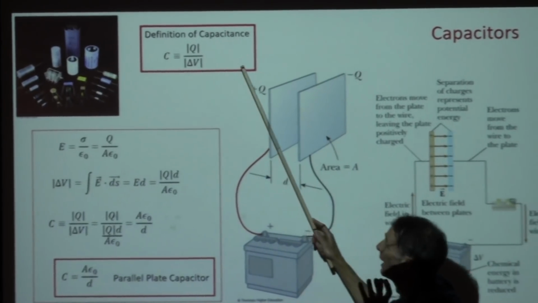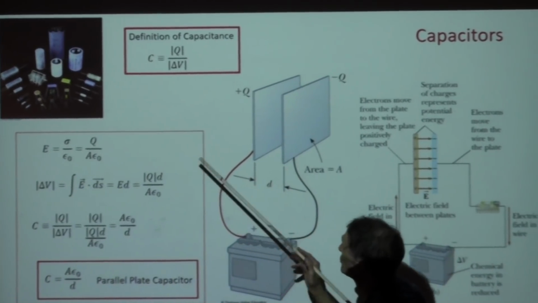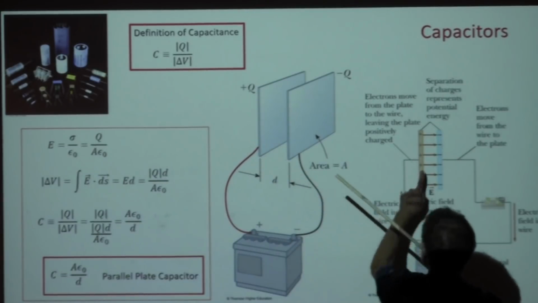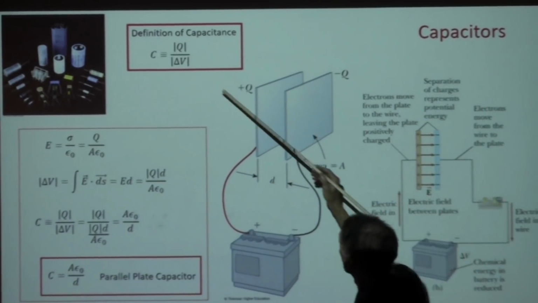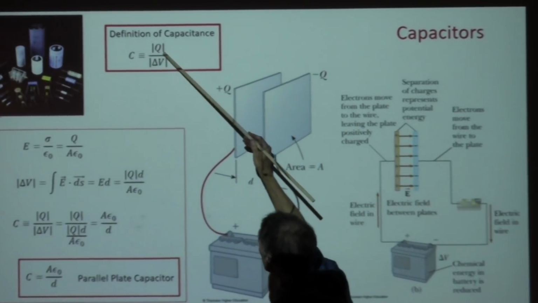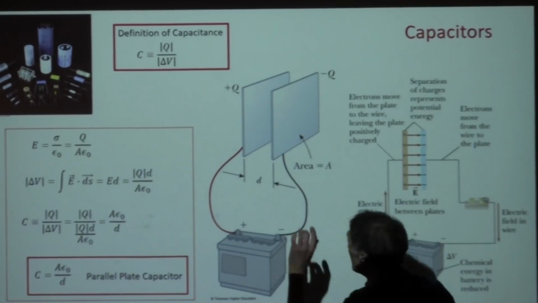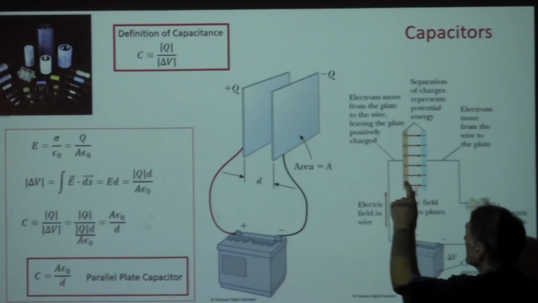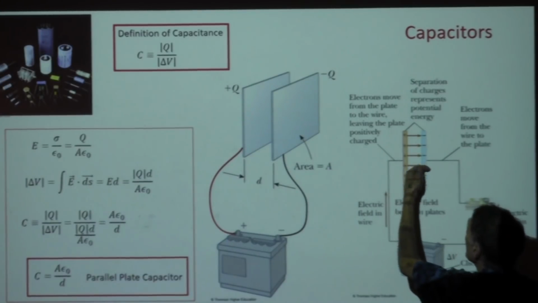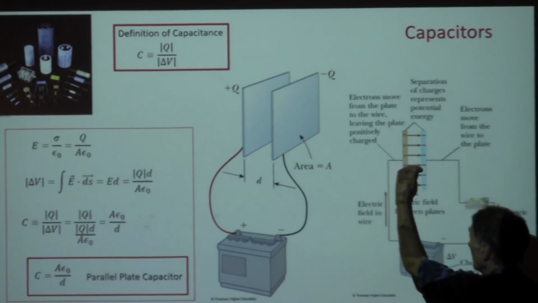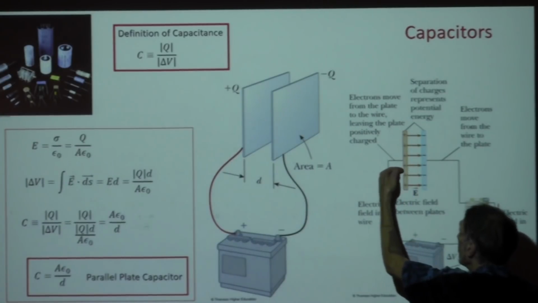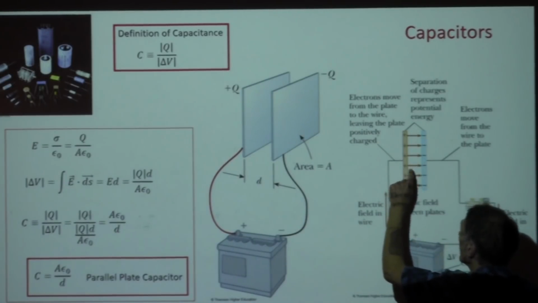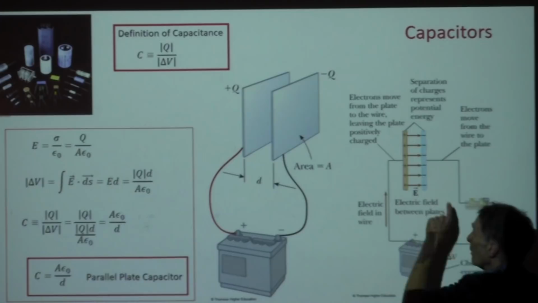Capacitance is always a positive number. The charge has got a plus on one side and a minus on the other, so we just put the absolute value of the charge on this thing. The delta V is the potential between one plate and the next. We can do that by integrating across here. Since it's a uniform electric field, we can integrate E dot ds as we go across this thing.